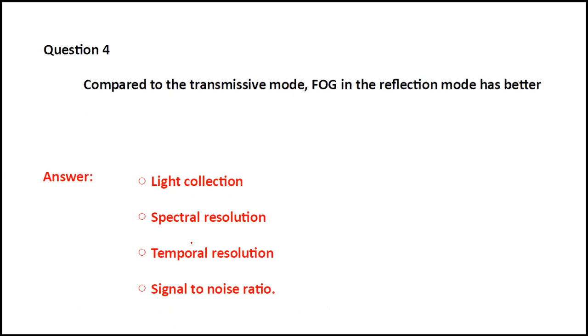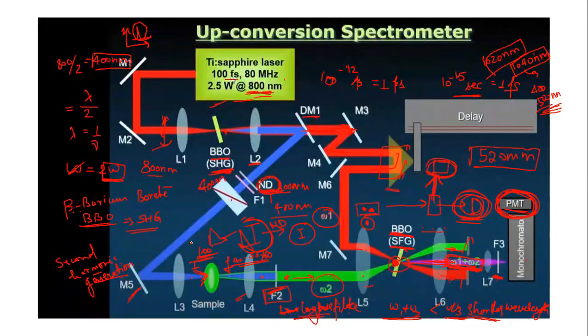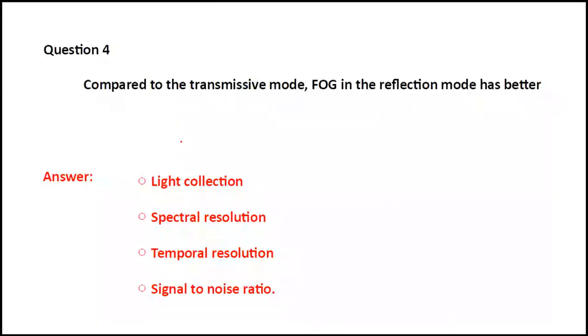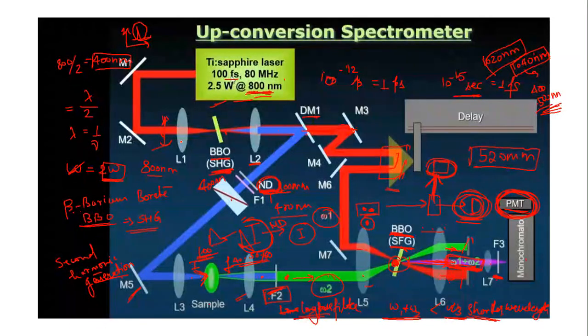So, first of all, what we discussed here is a transmissive mode. Why? Because here we are using a system of lenses. This system of lenses passes the light through all of L1, L2, L3, and so on.